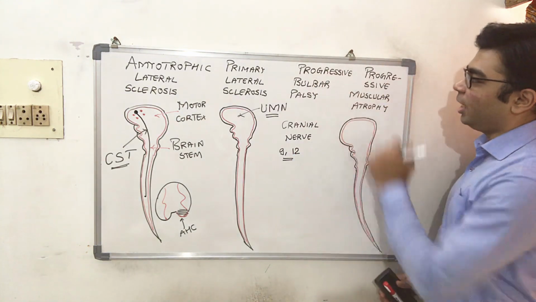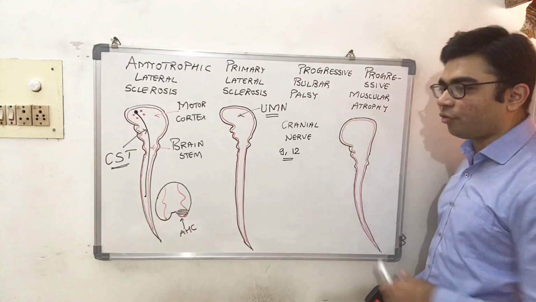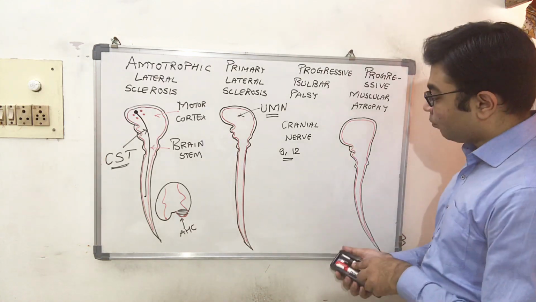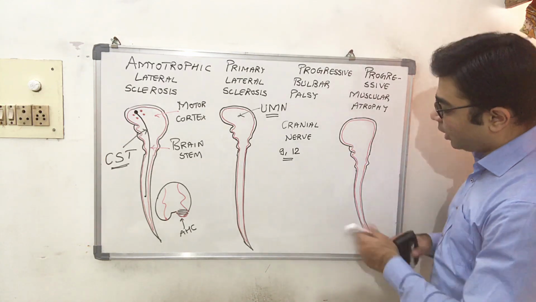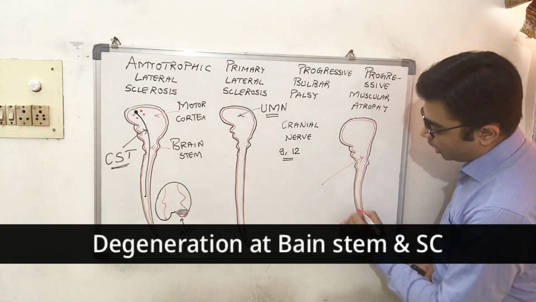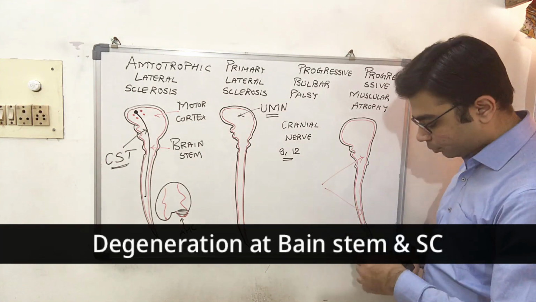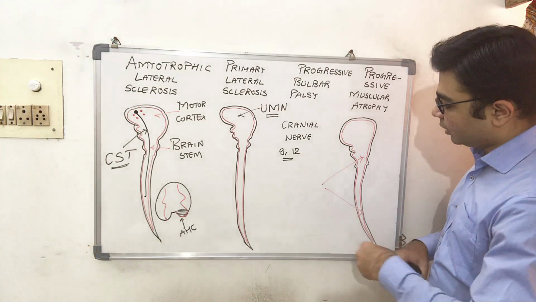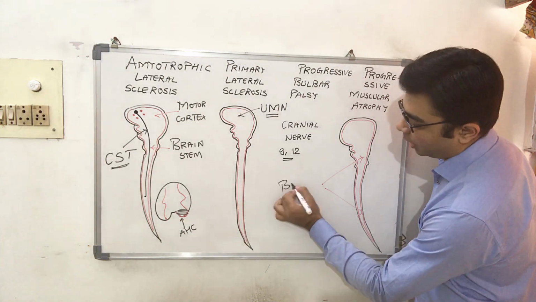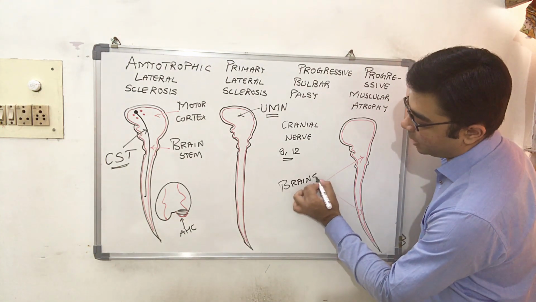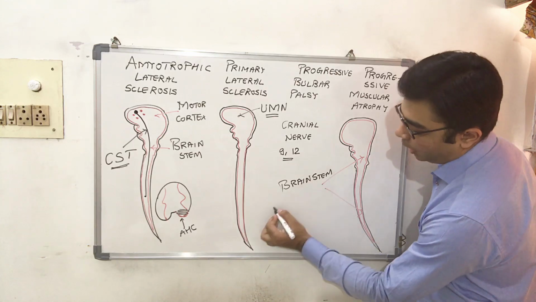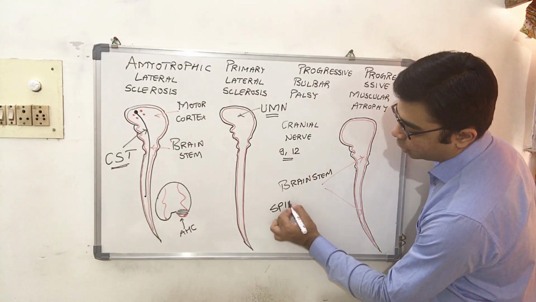And the last subtype is progressive muscular atrophy, in which we see degeneration occurring at the level of the brainstem and spinal cord. Let me write it over here: the degeneration which occurs at brainstem and spinal cord.